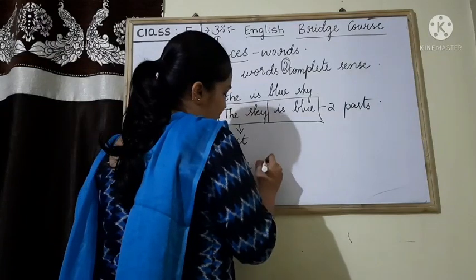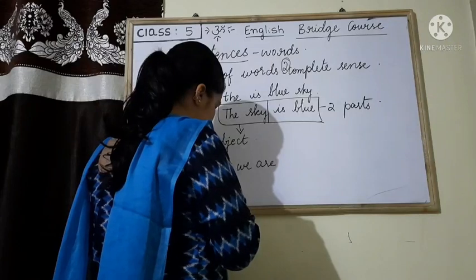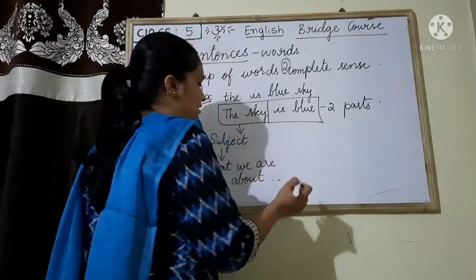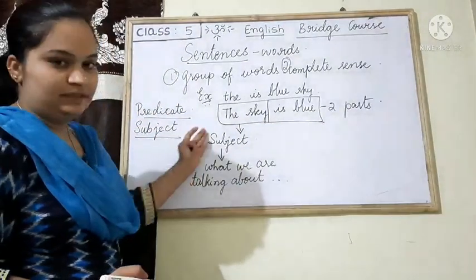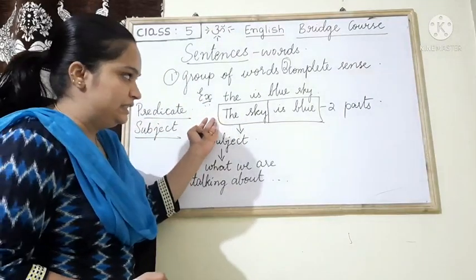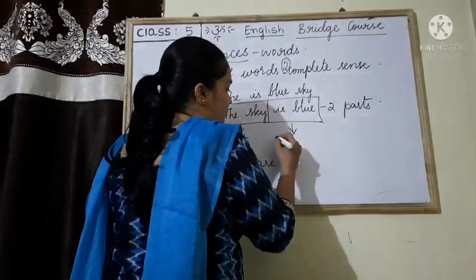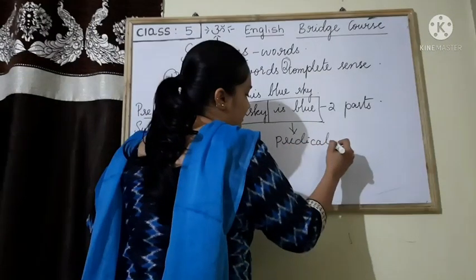What we are talking about is said to be the subject. What are we talking about in this sentence? We are talking about the sky, and "is blue" is the predicate in this sentence.